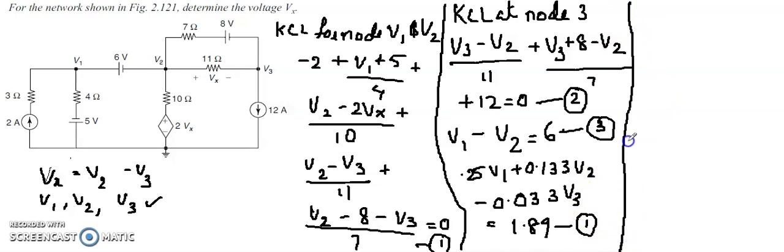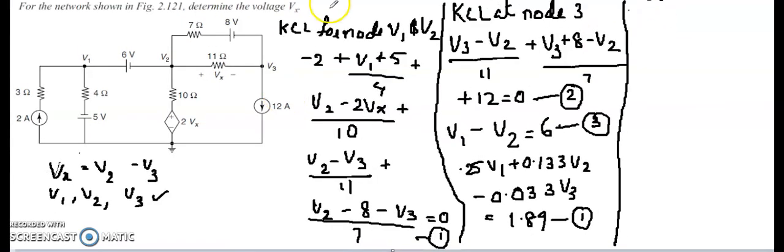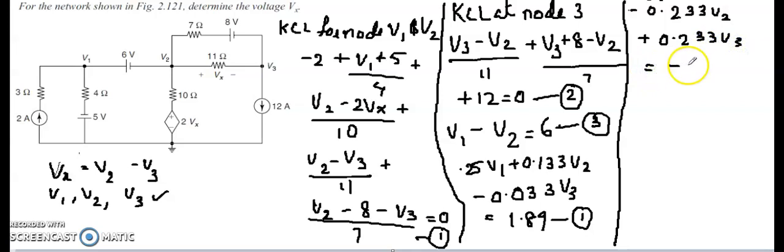And coming to the second equation, that is KCL at node 3, we can write it as minus 0.233 V2 plus 0.233 V3 is equal to minus 13.14.